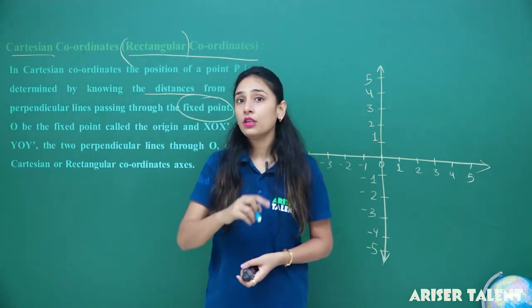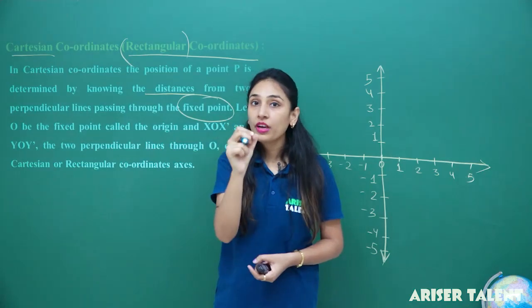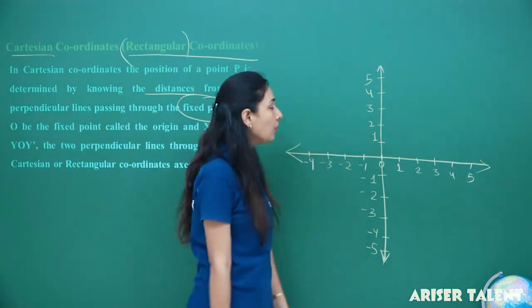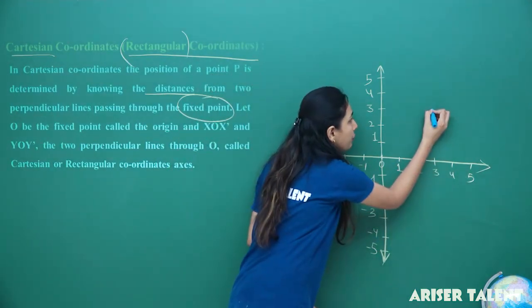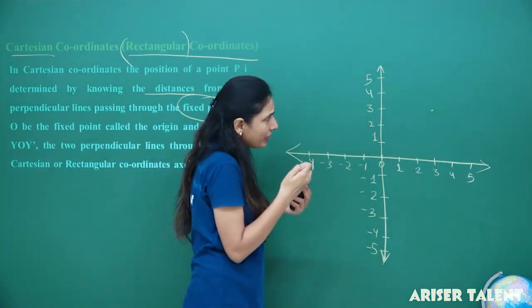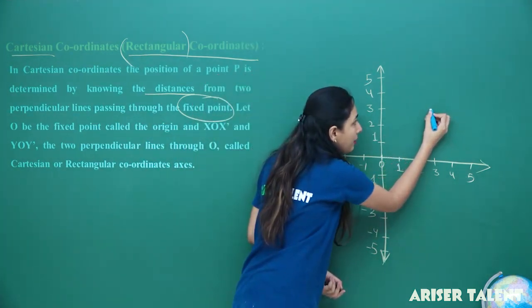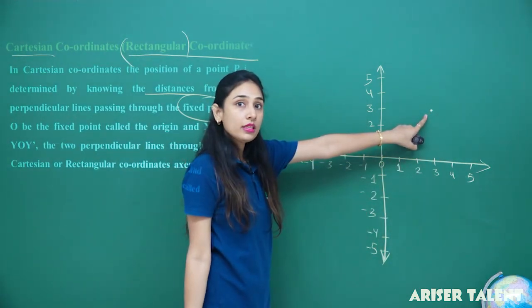Now what is this fixed point? Where is this point? So I'll tell you, here's that point. This is point P, because a point is very small, but to make it clear to you, I'm making it like this. Now this is the point.